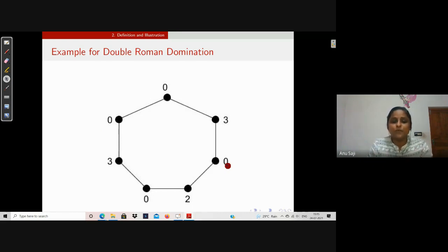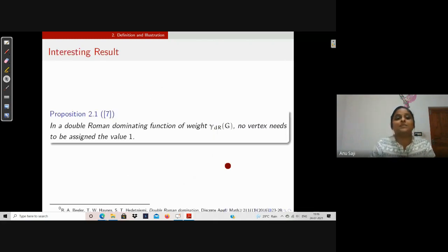This is possible for any gamma_DR function. That is, we can omit the value 1 without changing the total weight. This is a very useful result in determining the gamma_DR of any graph. It is proved in the base paper. In a double Roman dominating function of weight gamma_DR(G), no vertex needs to be assigned the value 1.